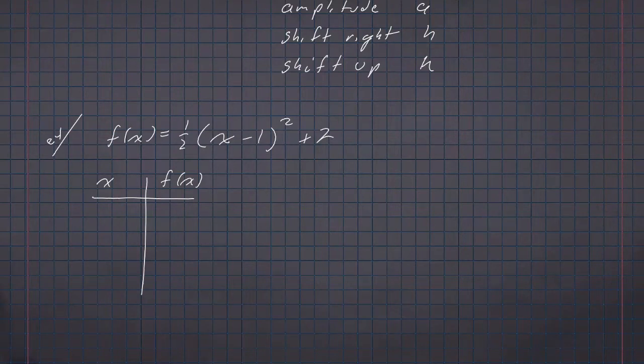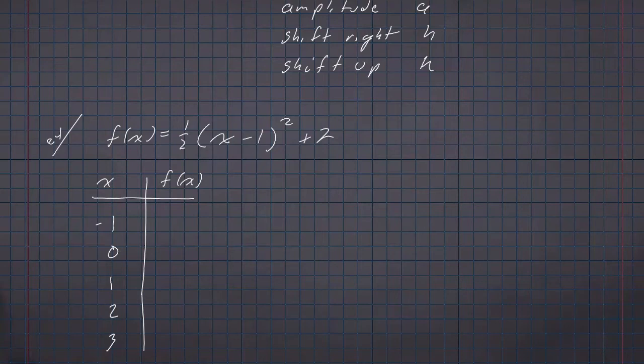All right, so if I want x minus 1 to be 2, that means that x itself is -1. If I want x minus 1 to be -1, then x is 0, and then 1, 2, and 3. Then my y values, I want to multiply by 1/2 and then add 2.